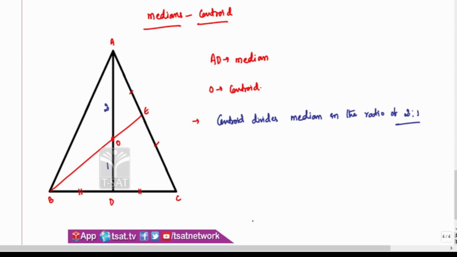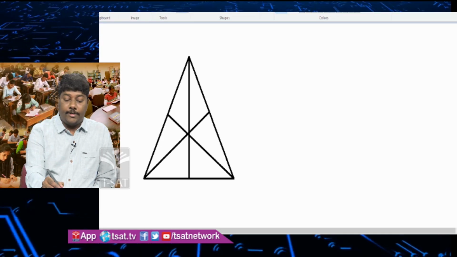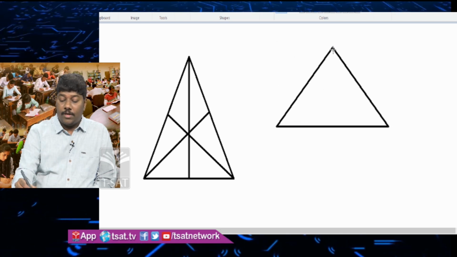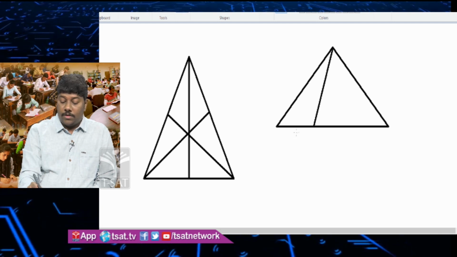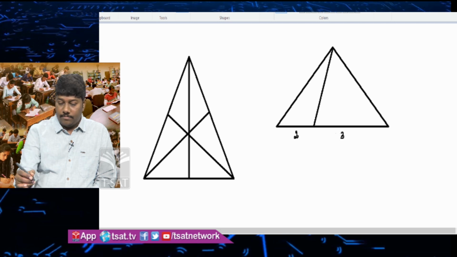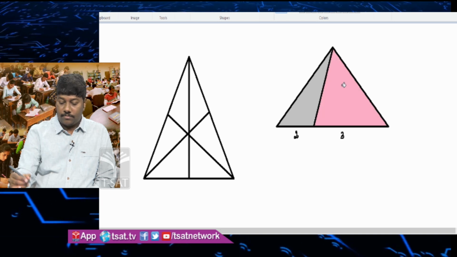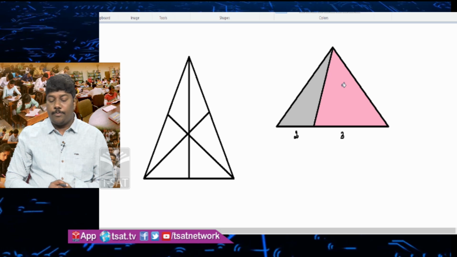We further look into it. I am taking all three medians here. Usually if you take a triangle, its bases are in the ratio 2 is to 3. You look at two shaded regions here, one is the ash color one and one is the pink color one.